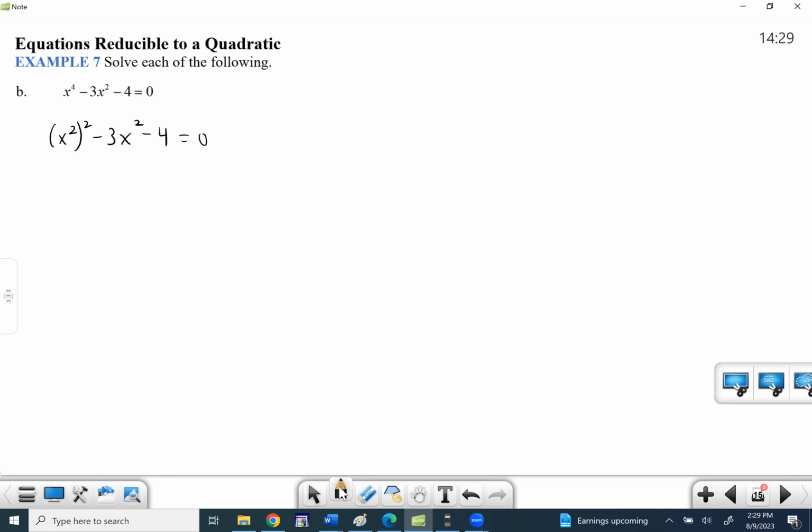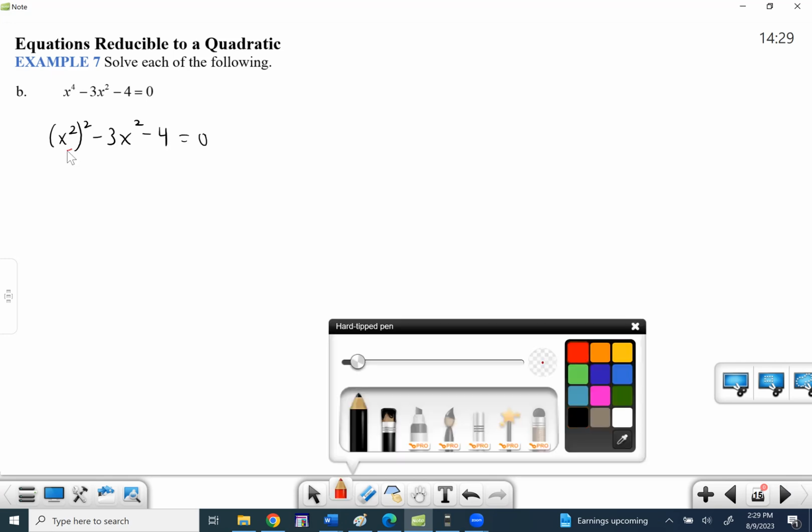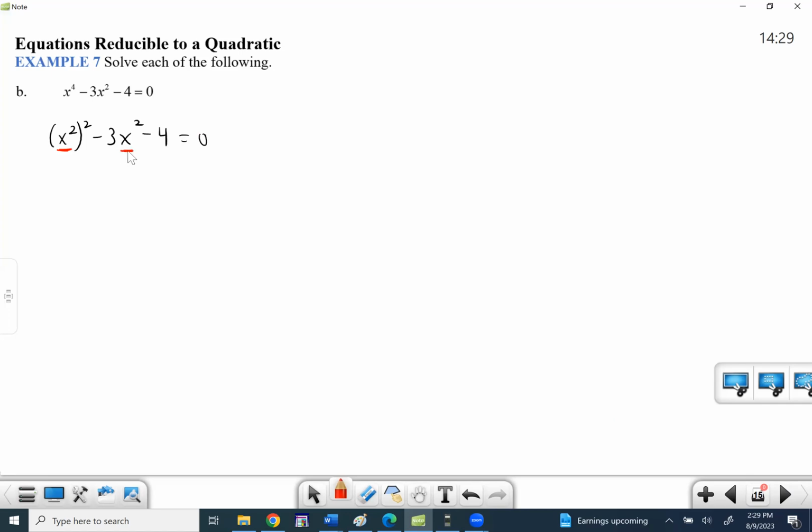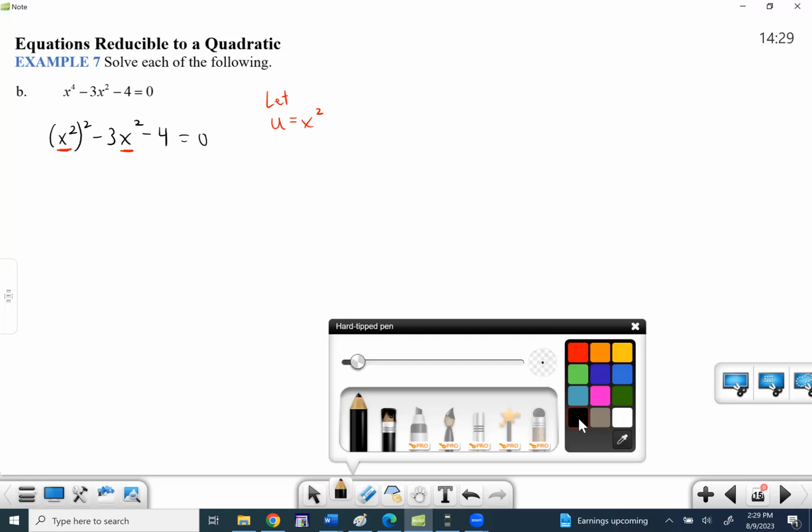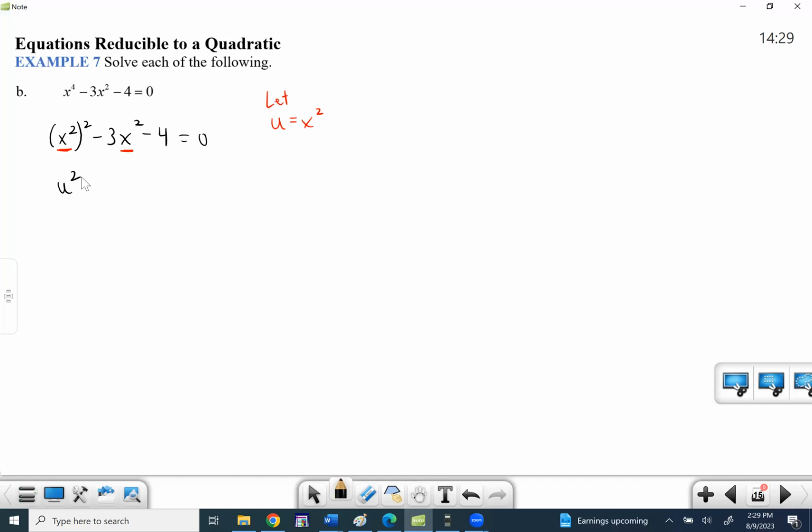Okay, you can see that we have x squared twice in the problem. So we're going to let u be x squared. So in other words, everywhere where we see an x squared, we're going to write a u. So this will become u squared, and this will become -3u.